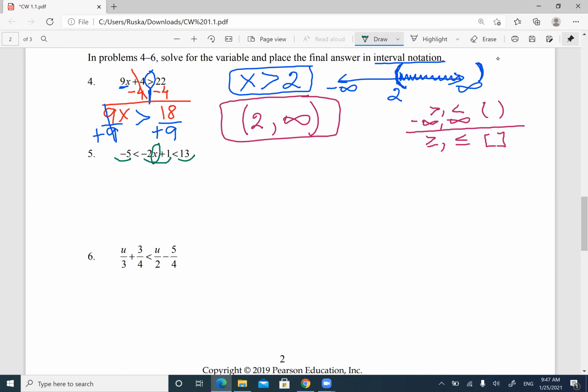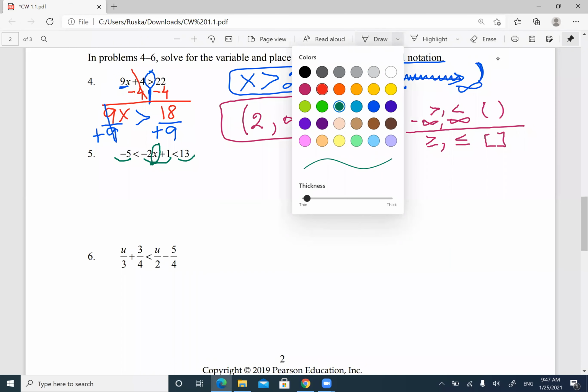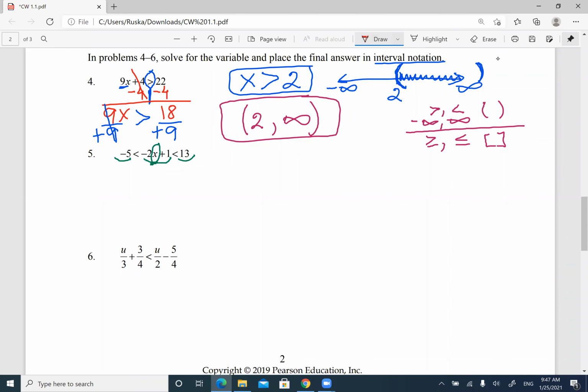So in order to get x by itself, I have to subtract 1. I'm going to subtract 1 on all of these 3 sides: here, here, and here.